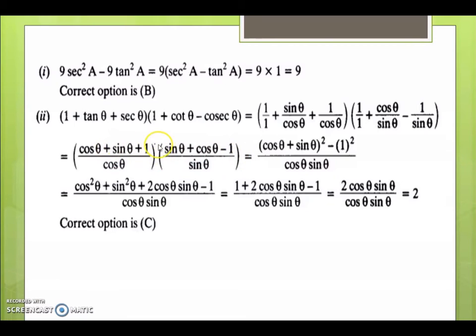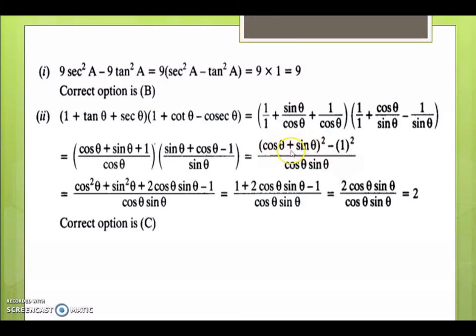Now numerator into numerator, if you observe carefully, is of the form a plus b into a minus b, where a is cos theta plus sin theta and b is 1. So numerator can be simplified as cos theta plus sin theta the whole square minus 1 square. And the denominator will be sin theta into cos theta.